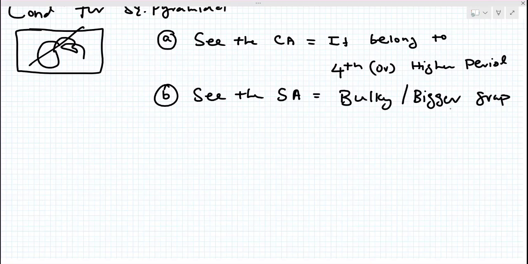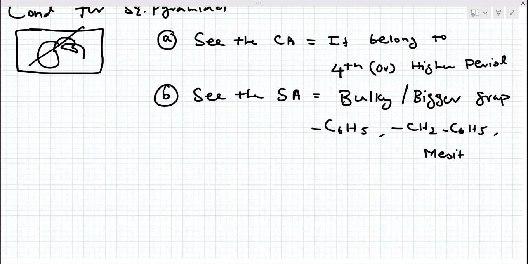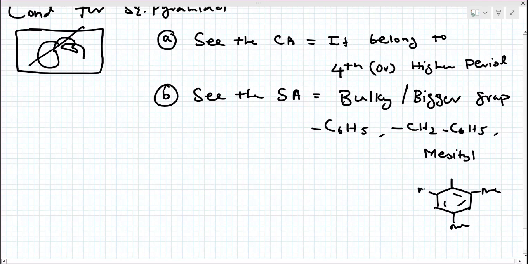Okay, substitution group. Example, phenyl C6H5 or CH2C6H5, or mesityl group. What is mesityl? Benzene with a group attached, Mes or Me, to the metal central atom. Okay, this is the mesityl group.